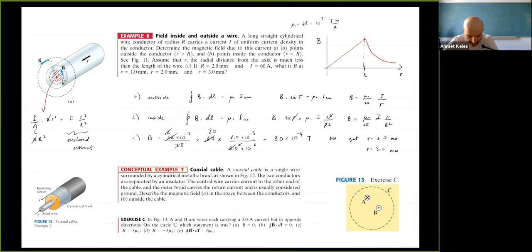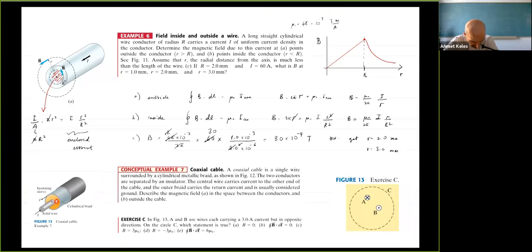There is actually a real life application of this, called coaxial cables. A coaxial cable is something like this. Maybe I can read it. A coaxial cable is a single wire surrounded by a cylindrical metallic braid, as shown here, and the two conductors are separated by an insulator.